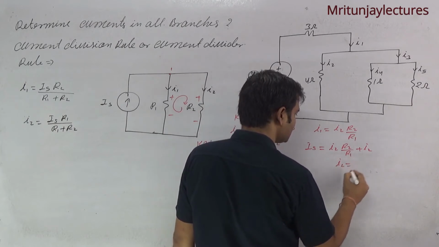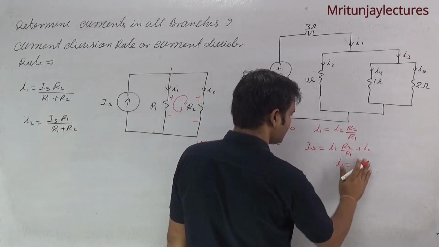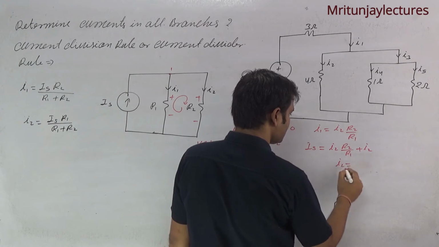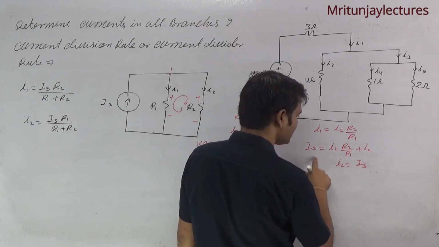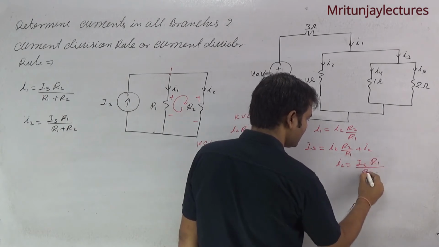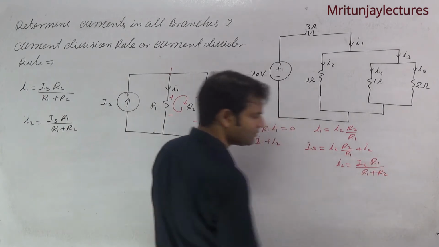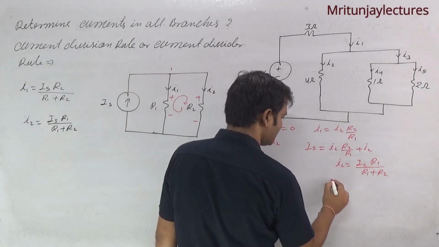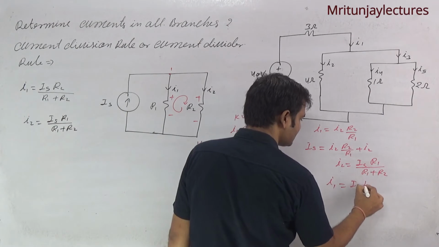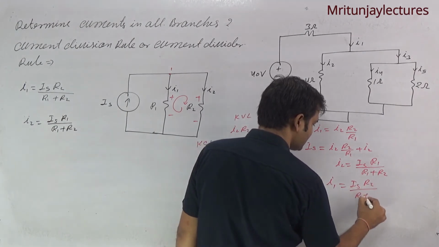We got I2 equal to IS into R1 divided by R1 plus R2. If we put this value here, then we get I1 also: IS into R2 divided by R1 plus R2.